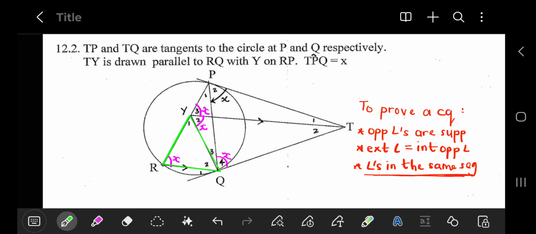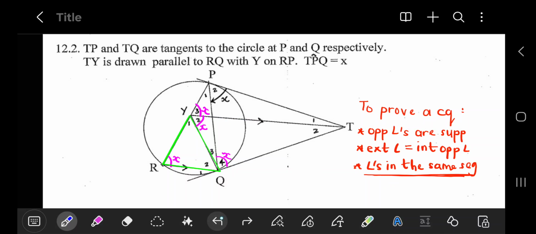Let us focus on the parallel lines that we have. And from those parallel lines, I want you guys to notice that there is this N or Z shape that is formed, meaning angle Y2 being x would be the same as angle Q2. Okay? Angle Y2 is x, angle Q2 would be x because of alternate angles.